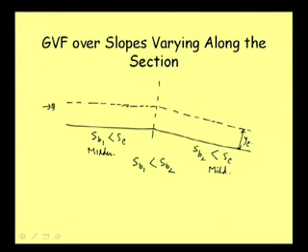Now, let us see what about this mild slope. So, this normal depth at this portion will be somewhere here. So, this is NDL1.